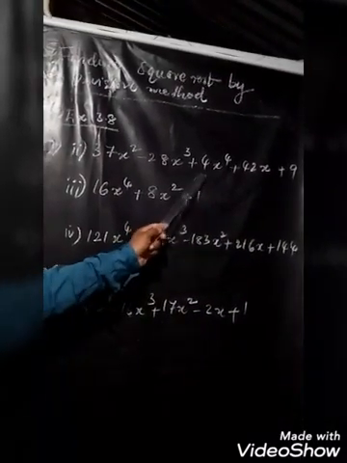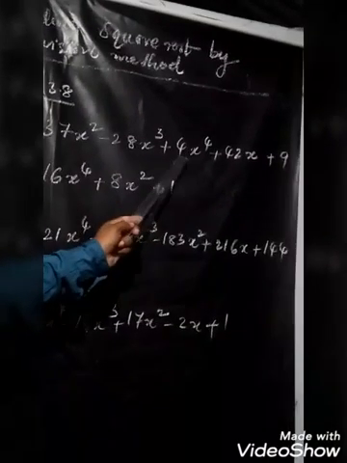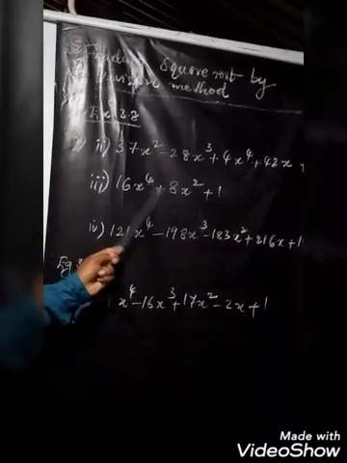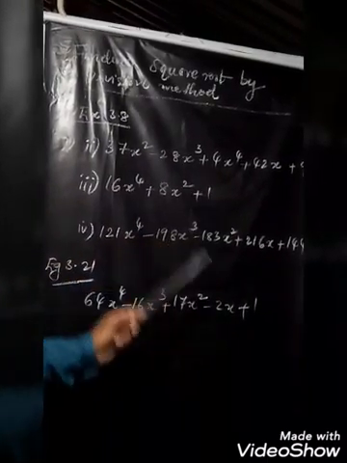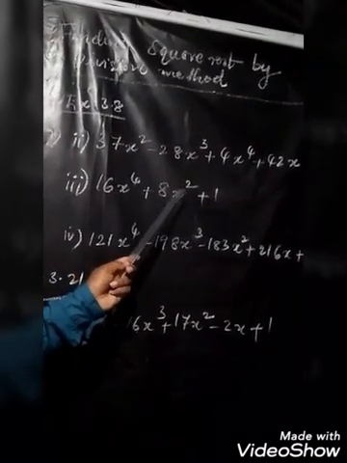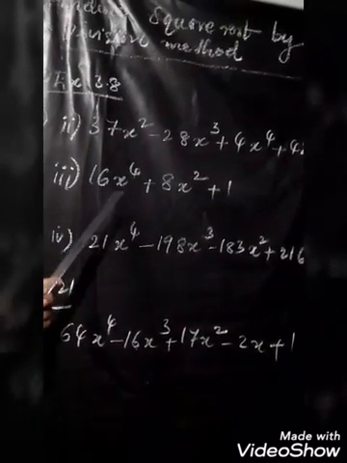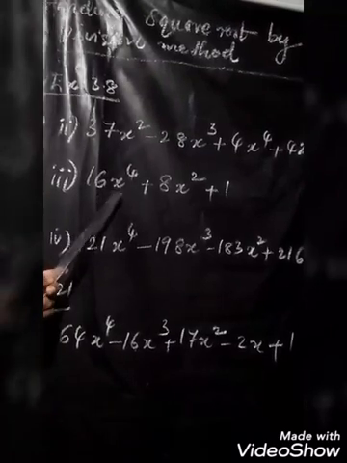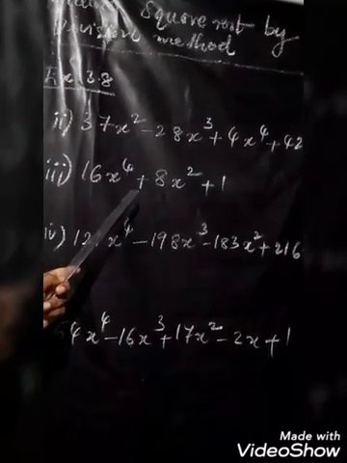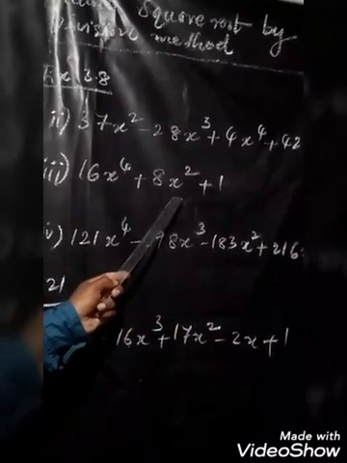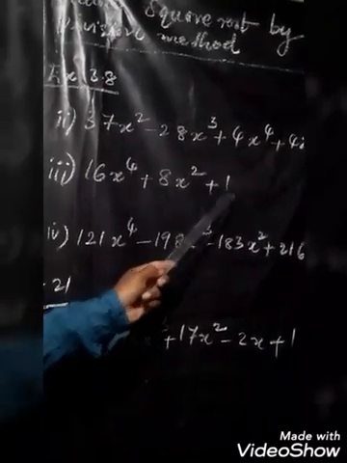Okay, 4x power 4 will be the first term, so 2x square you can start. Here, in the next sum, there is a power 4 term, a square term and a constant, but no cube term and no x term. So you have to rearrange the question like this: 16x power 4 plus 0x cube plus 8x square plus 0x plus 1.